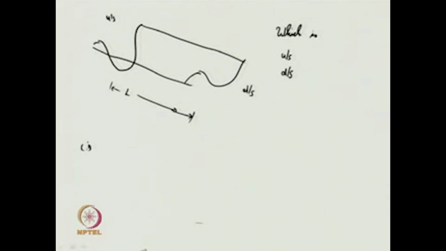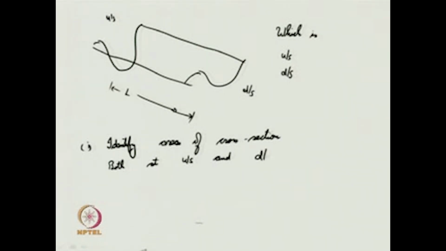So, the procedure for the slope area method: the first step is to identify the areas of cross section, both at upstream and downstream.